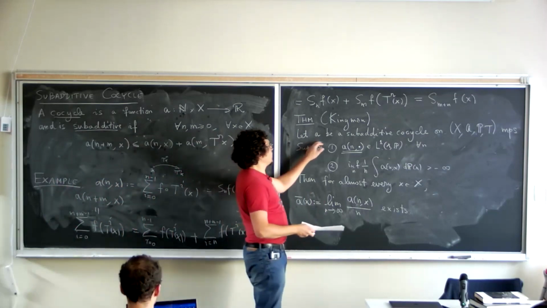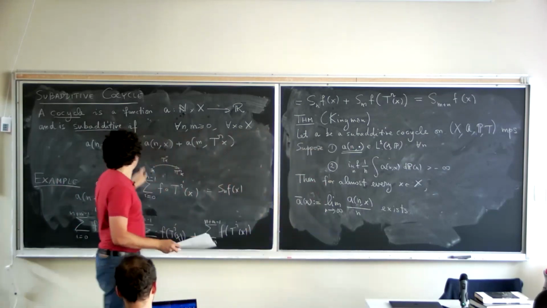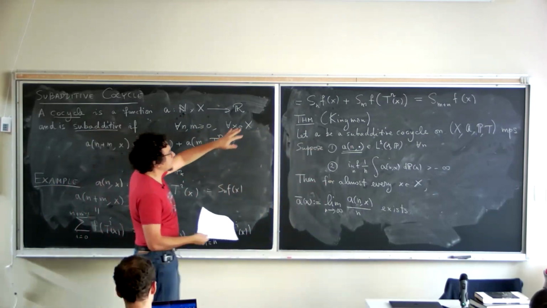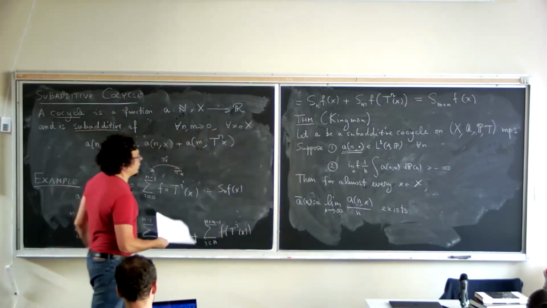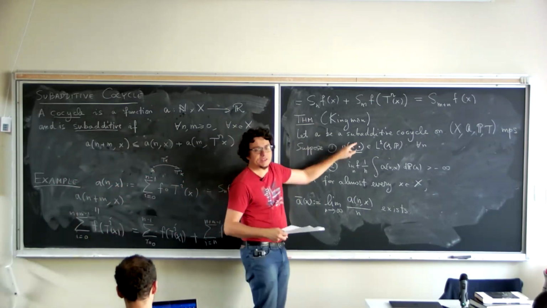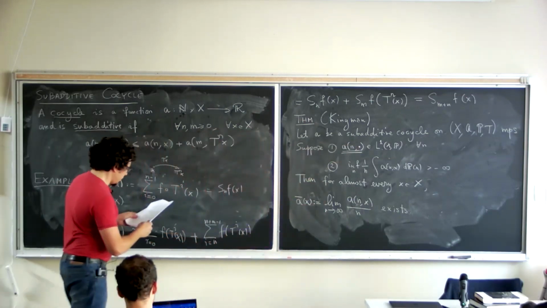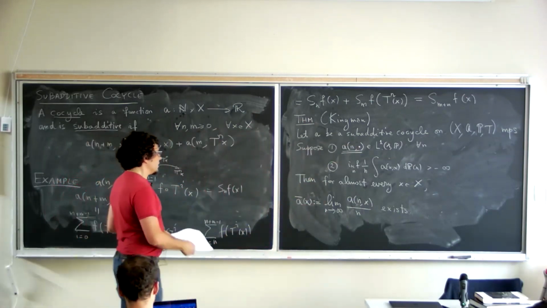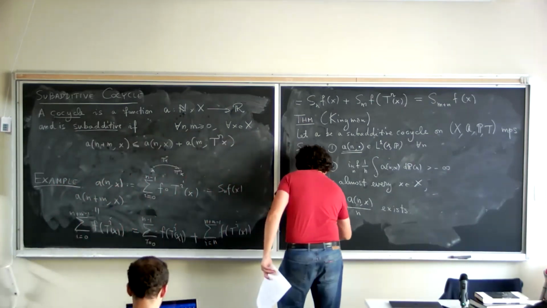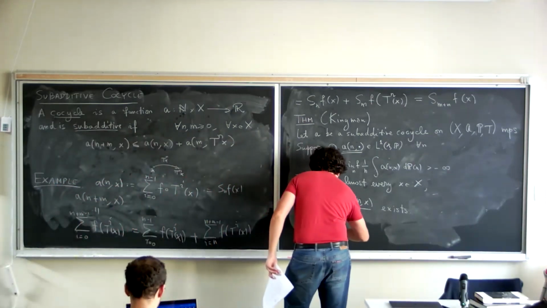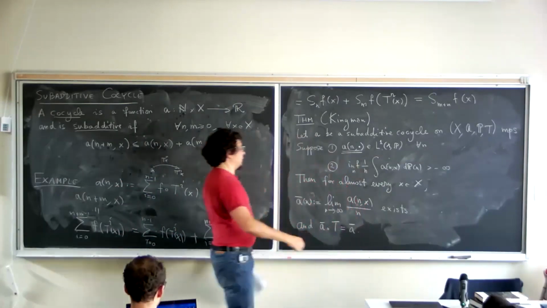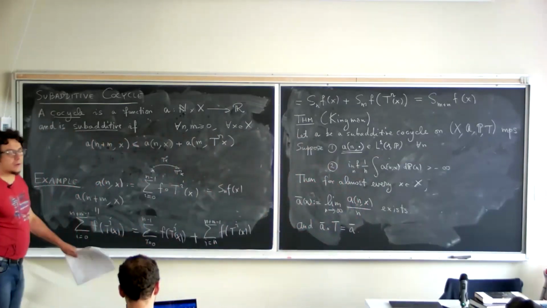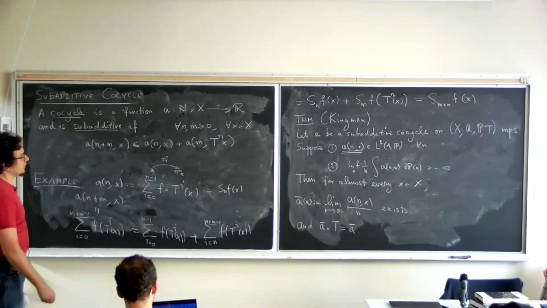So if a is additive, so you have equality, this is literally the same as Birkhoff's theorem. But here we can replace additive with subadditive. That's the only issue, but it's a big issue. And again, a bar composed with T equals a bar.